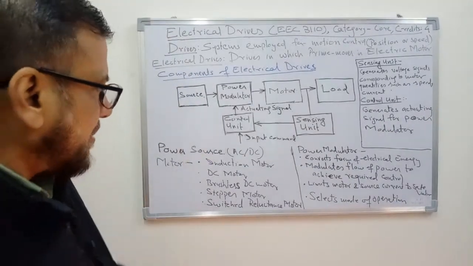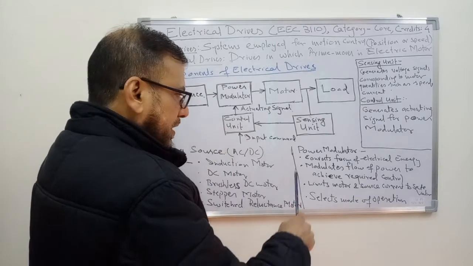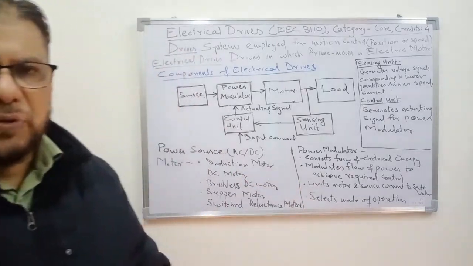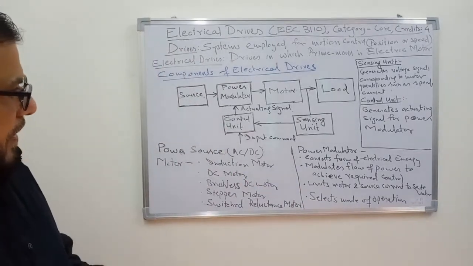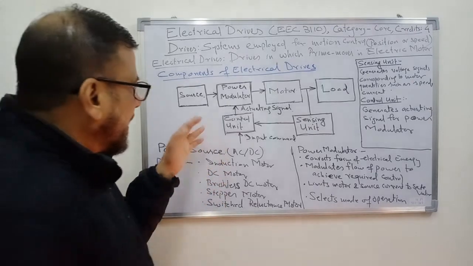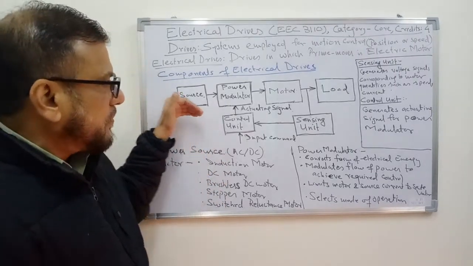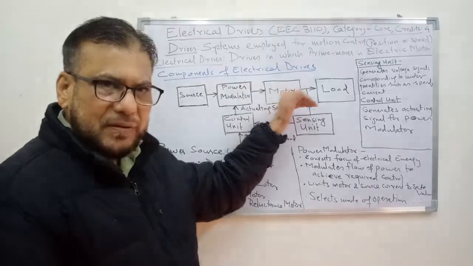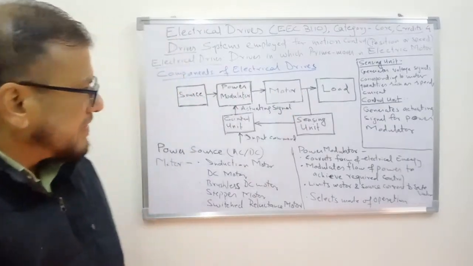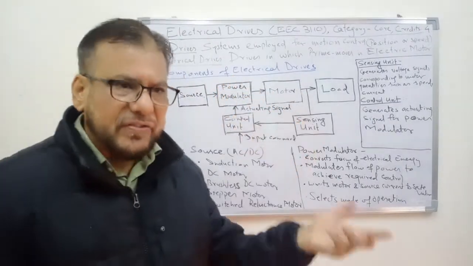So one function of this is to convert the energy from one form to the other, and then it will have to control the flow of power from source to motor such that the motor runs at the desired speed.